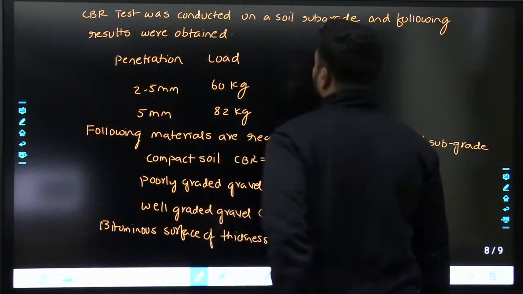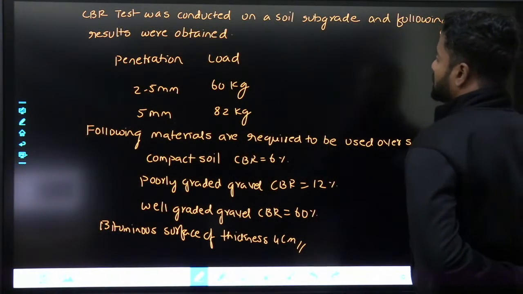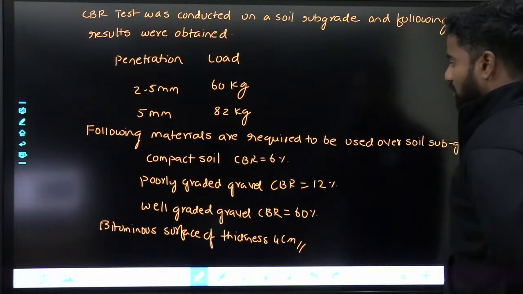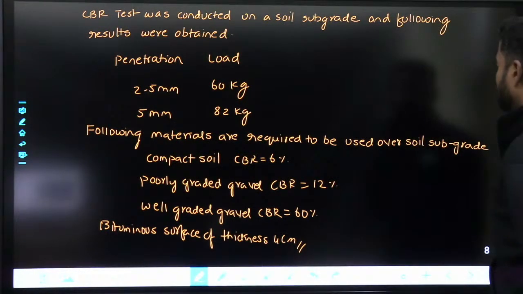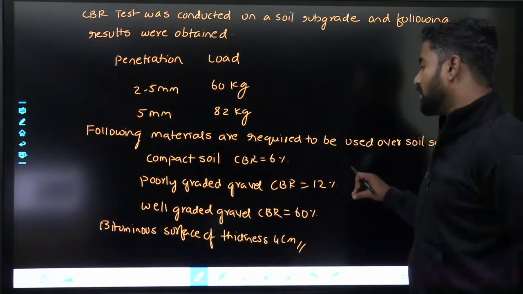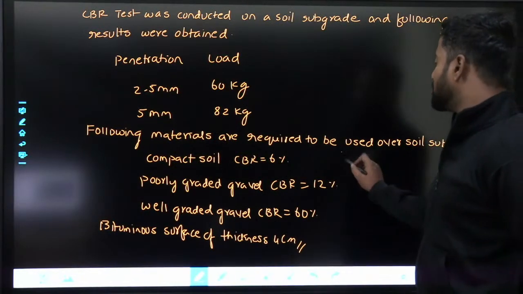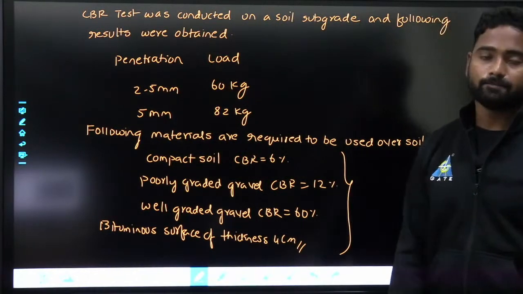So what exactly you will be doing here is: a CBR test was conducted on a soil subgrade and the following results were obtained. The following materials are required to be used over the soil subgrade: compact soil, poorly graded gravel, well graded gravel, and a bituminous surface course of thickness 4 centimeters. All these things have to be provided, right?